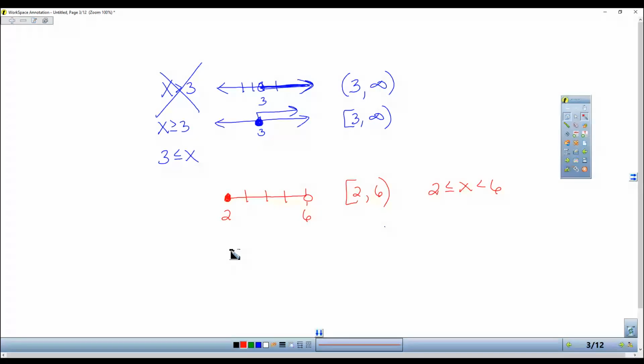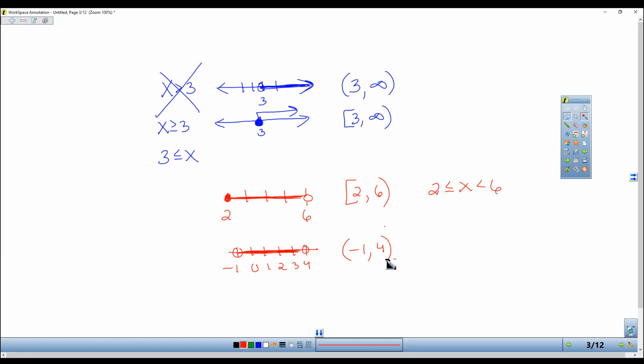Now, I will say that if you're going from a number, let's see, -1, 0, 1, 2, 3, 4, let's say you're going from an open circle to another open circle. I guess I didn't actually fill this one in. Let's fill this one in. If you're going from an open circle to another open circle, this is where somebody made a bad decision.